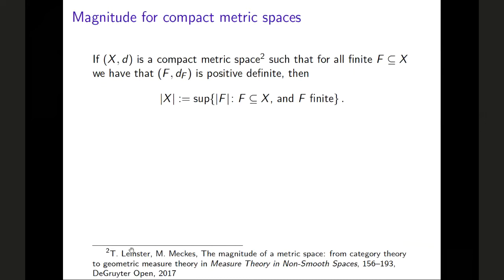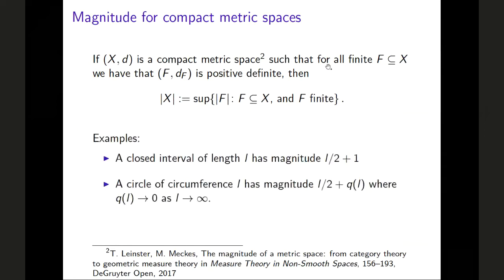And again, this was not proven directly in this paper, but they introduced this in a very nice and natural way. They also compare different definitions of magnitude for compact metric spaces. So again, I would suggest to first look at this reference.